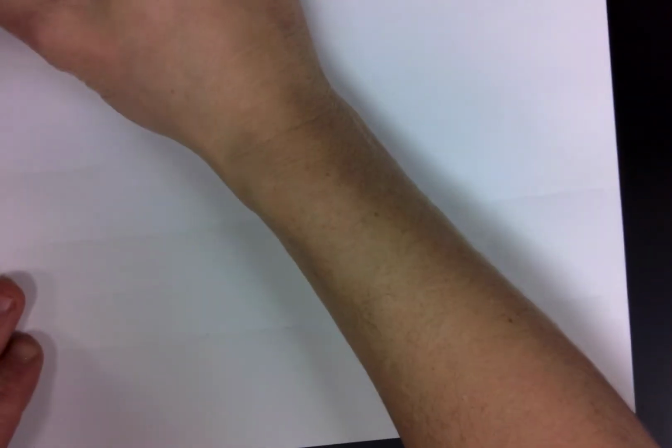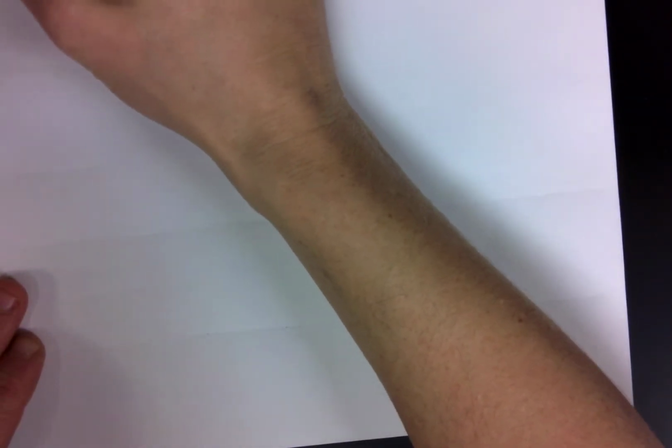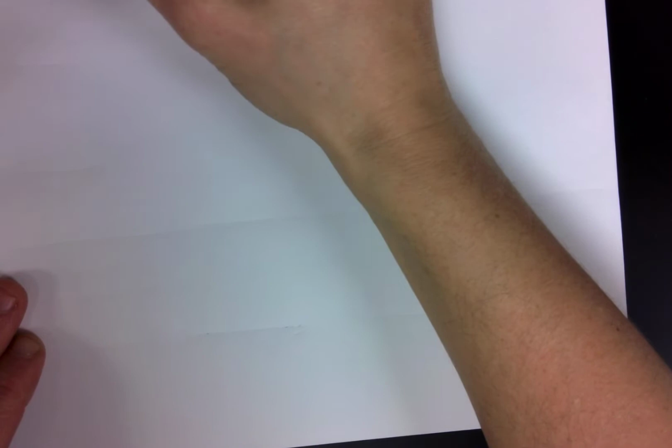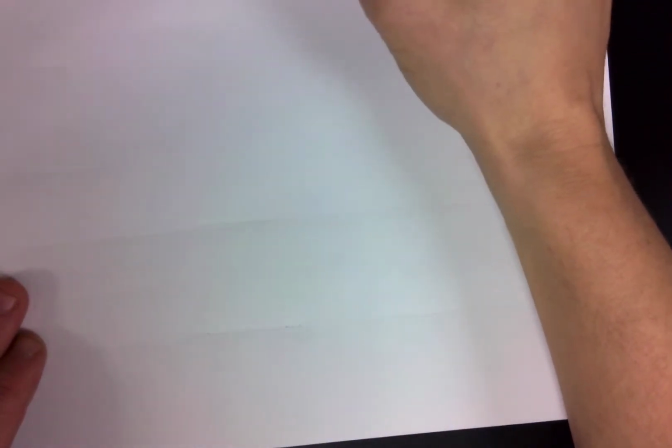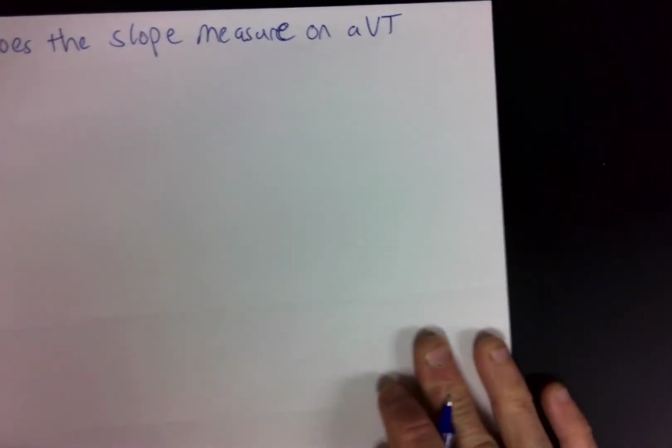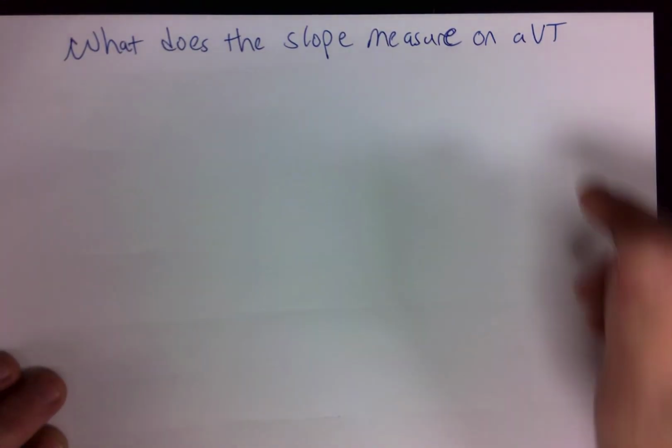All right, what does the slope mean? That's the last thing we want to look at. What does the slope measure on a VT graph? So write that down.